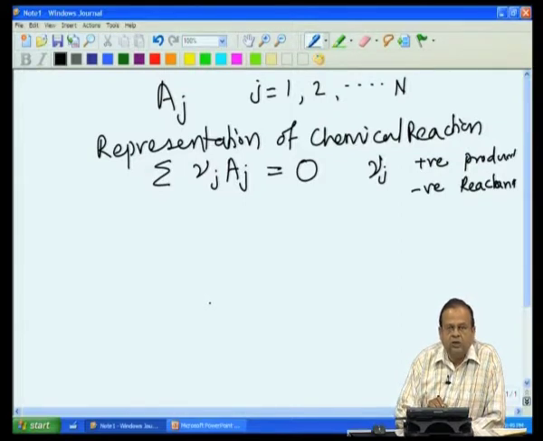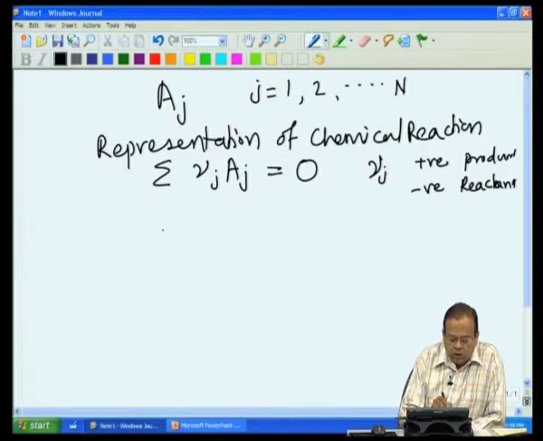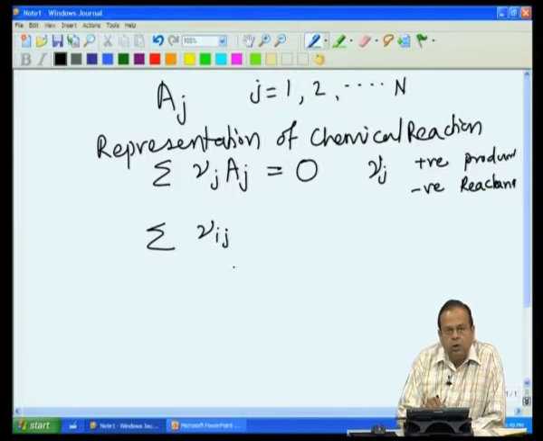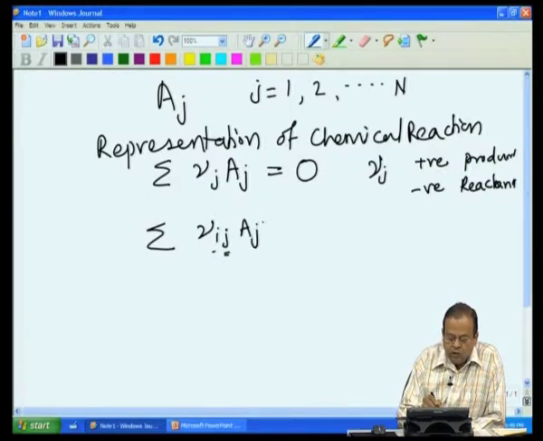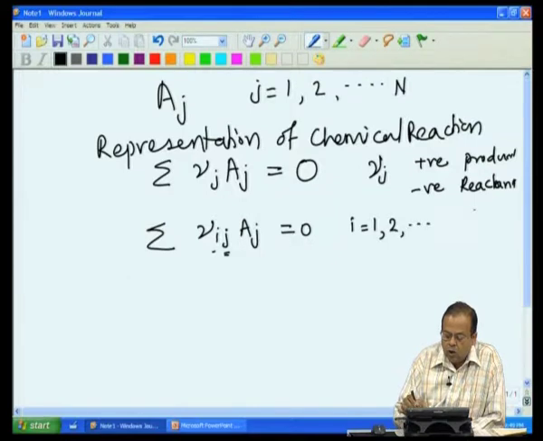So, we extended this representation to consider a large number of reactions by associating a subscript i with the reaction, where nu_ij is the stoichiometric coefficient of the species j in the ith reaction, and therefore, my ith reaction will be summation nu_ij A_j equal to 0, and i can go from 1 up to r such reactions.